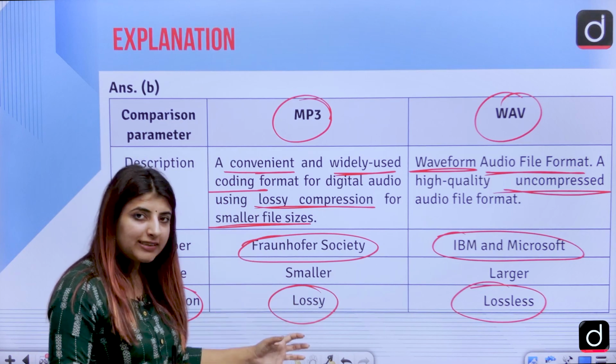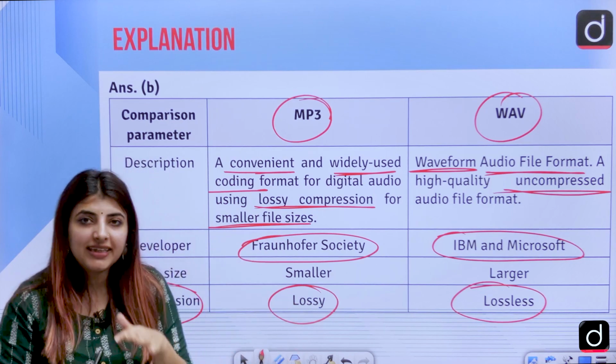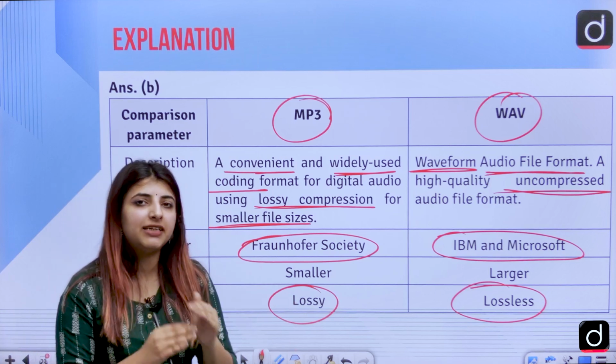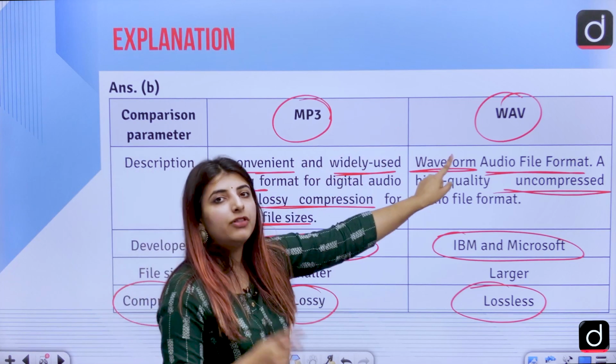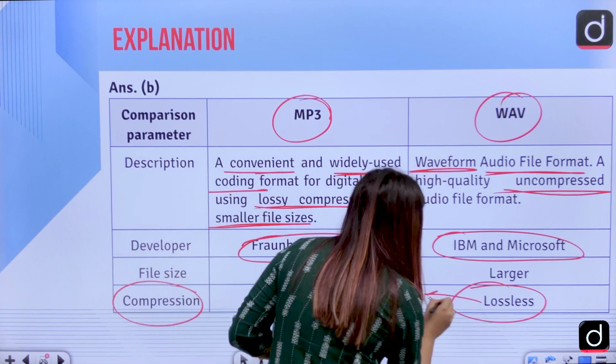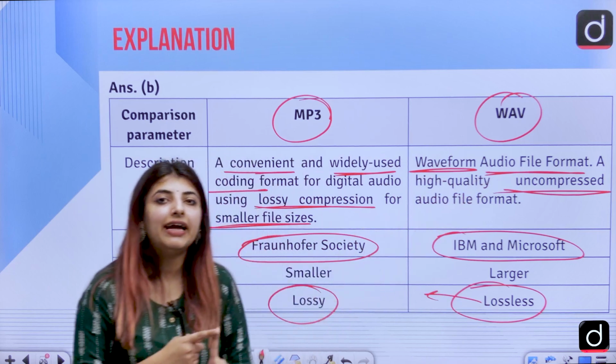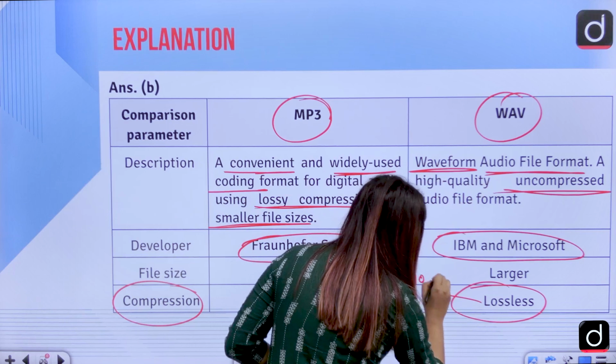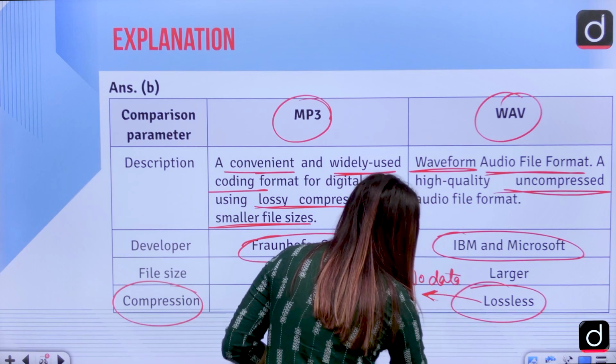While compressing that particular audio, some data will be deleted. If we talk about the WAV format, it is lossless because it is high quality and uncompressed, which means that no data will be deleted.